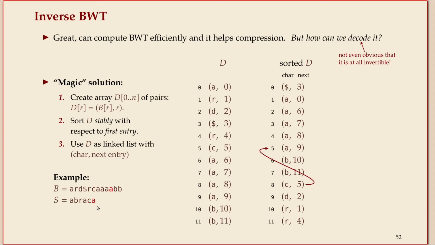So I produce the source text from left to right by just following pointers in this list. So let's do that. And one more time. And then at some stage, we enter the first element again.